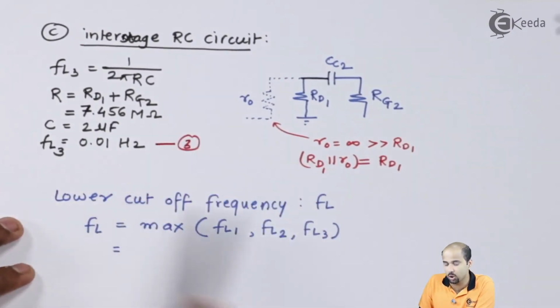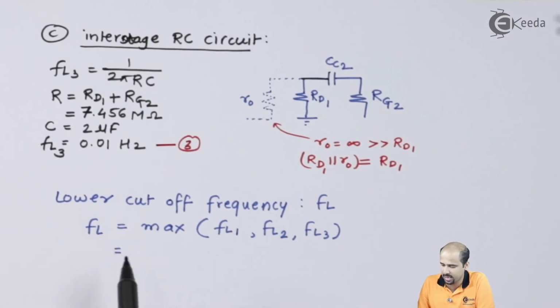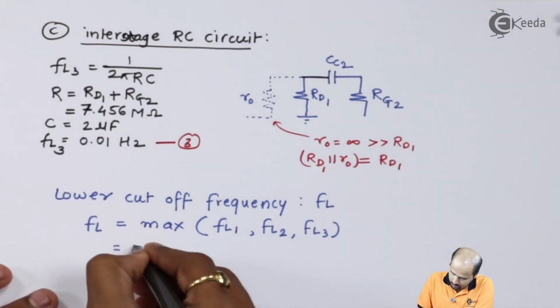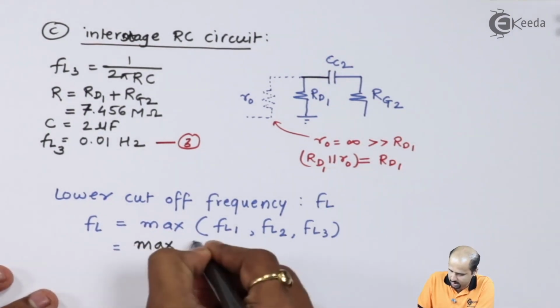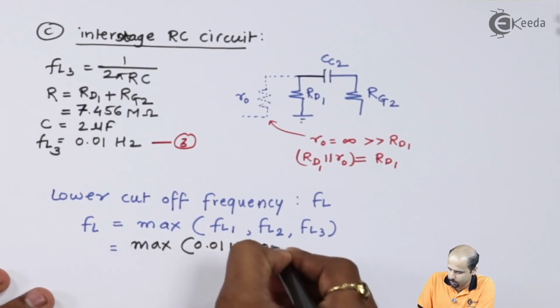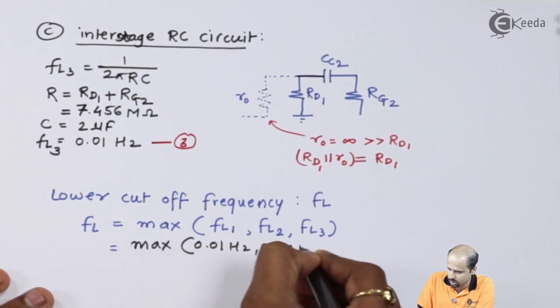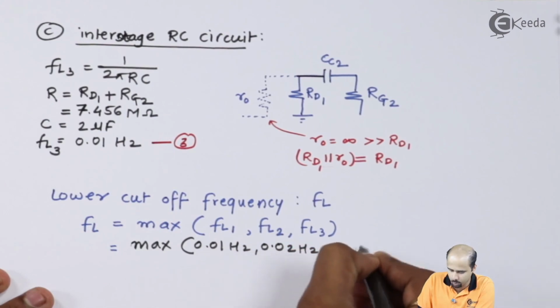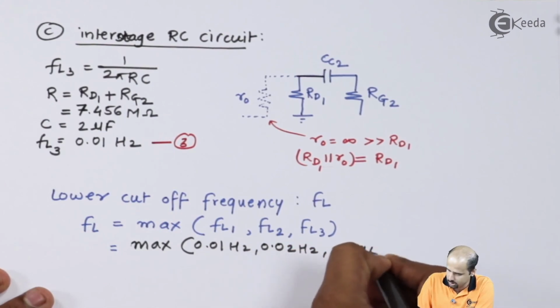If we say that lower cutoff frequency I want to find out, and as we have learned already, lower cutoff frequency is nothing but the maximum out of all these cutoff frequencies formed by the RC circuits. Here we'll be saying the max of 0.01 Hertz, 0.02 Hertz, and 20.94 Hertz.